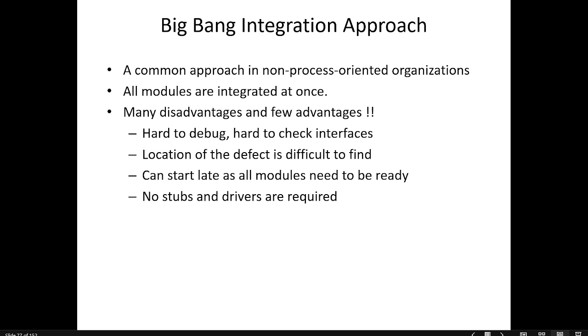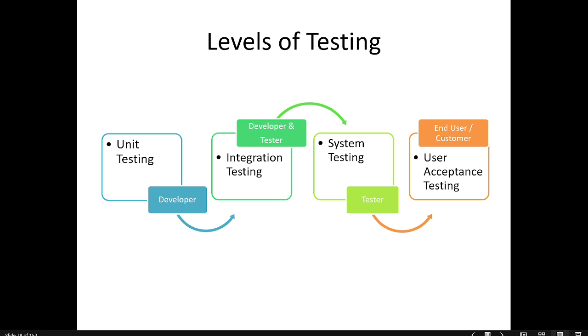So this covers our first two levels, which are unit testing and integration testing. Now the question is, unit testing I said is usually done by developers, and here in this diagram you can see integration testing, developer and tester. Tester understood, but why developer?